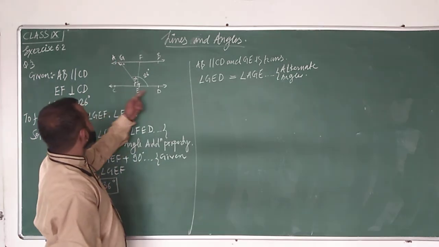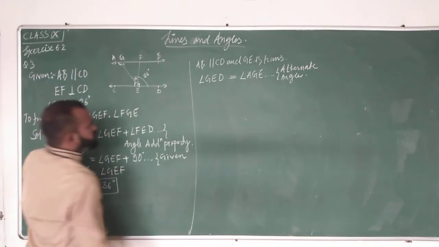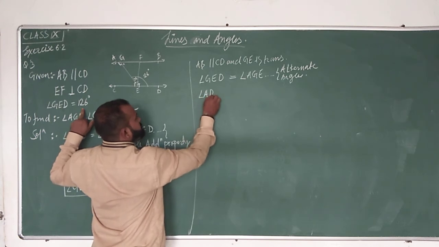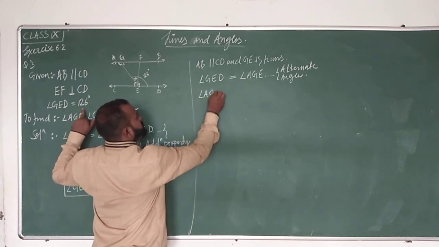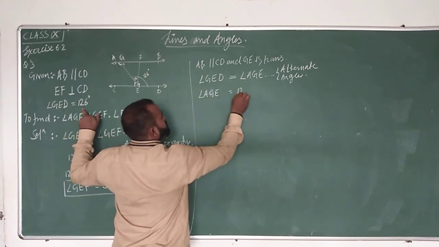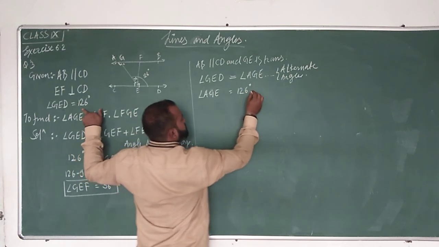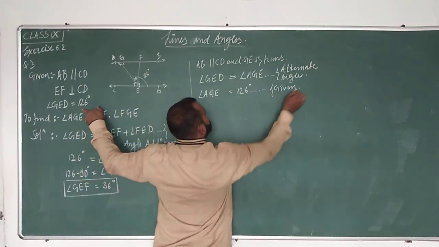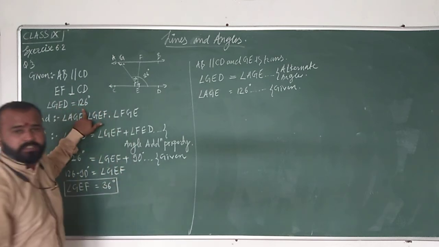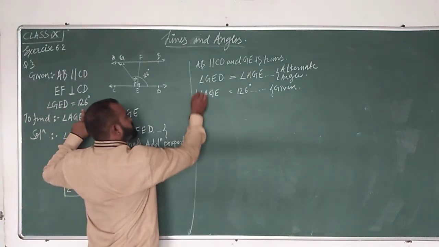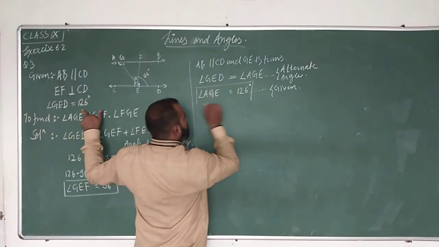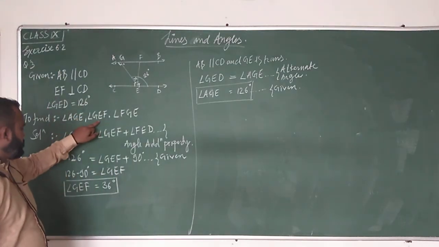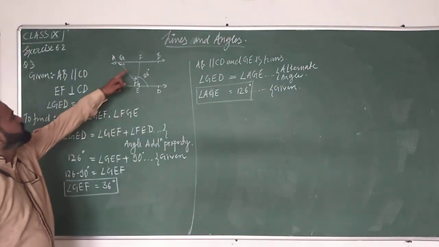Now GED you know is 126 degrees. Therefore we can write angle AGE, how much will it be? 126 degrees. Reason: this was given to us, that angle GED equals 126 degrees. Okay, we got one more. AGE found, GEF found, and FGE.